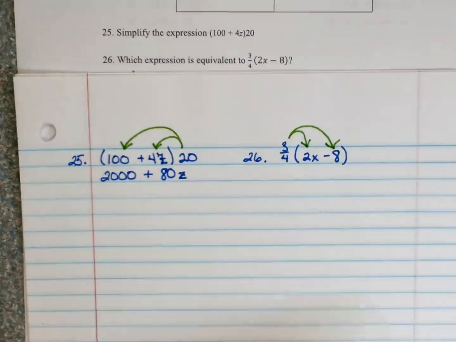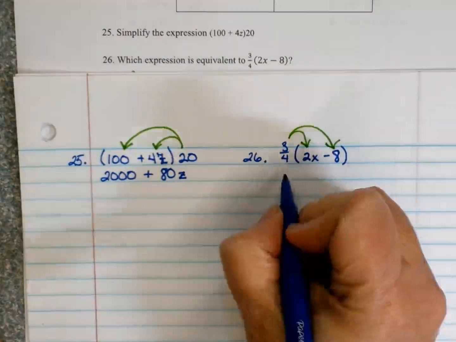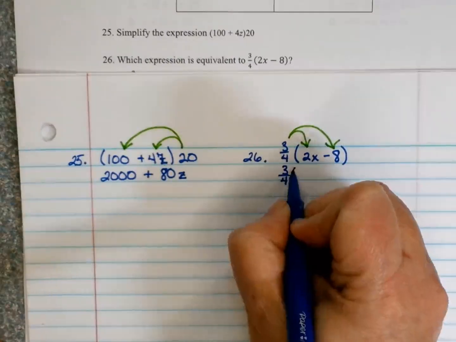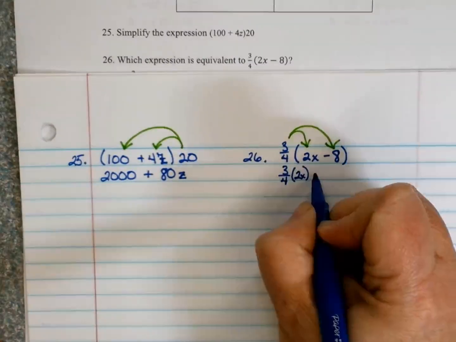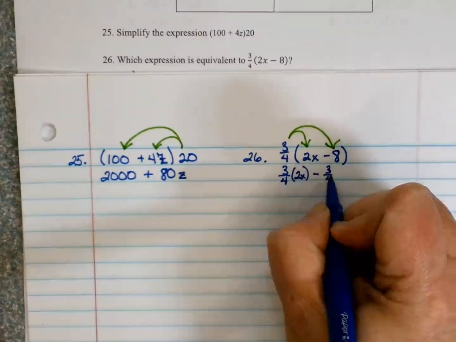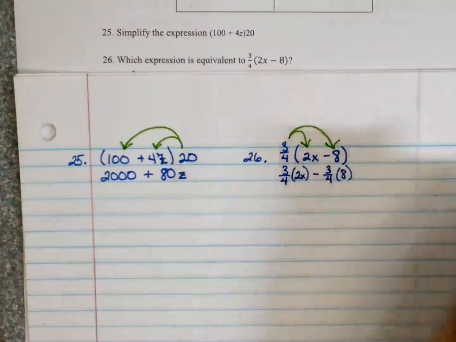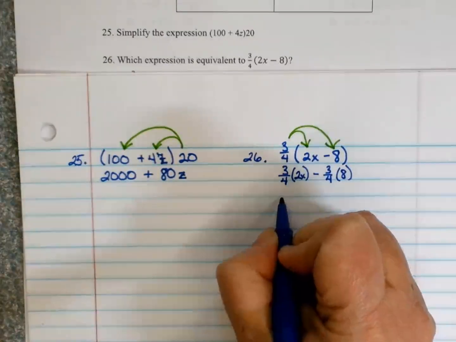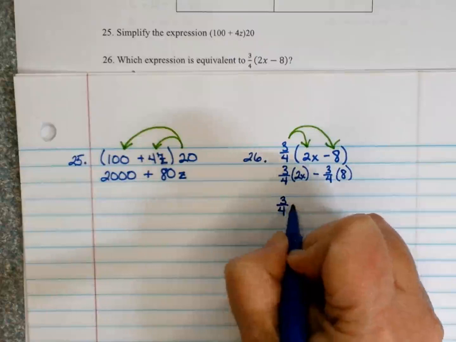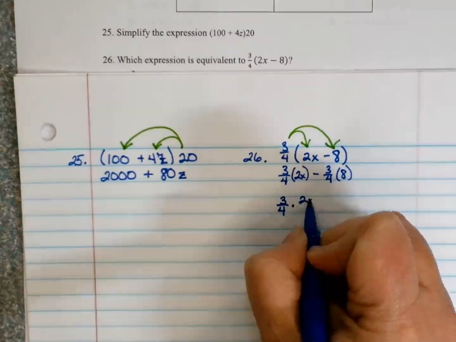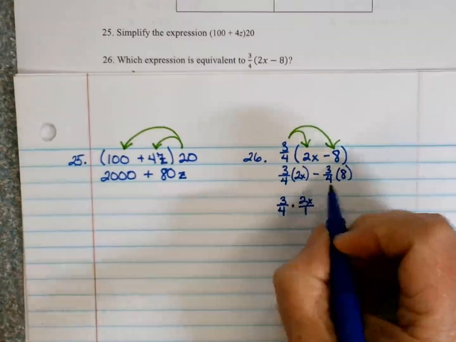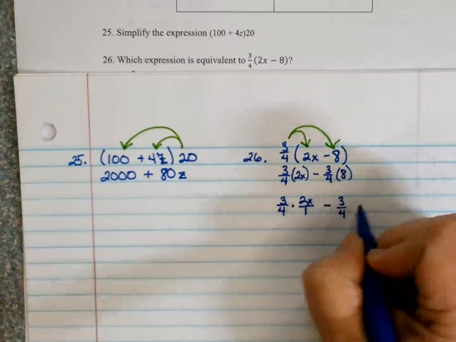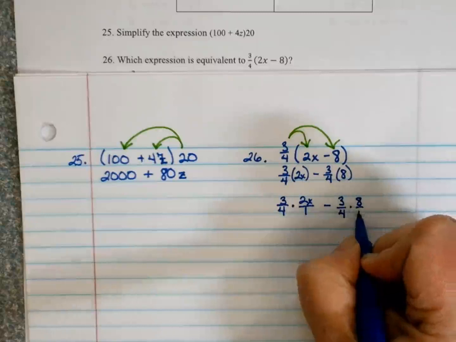So 3/4 times 2x, so this becomes 3/4 times 2x minus 3/4 times 8. So this is 3/4 times 2x over 1 minus 3/4 times 8 over 1.